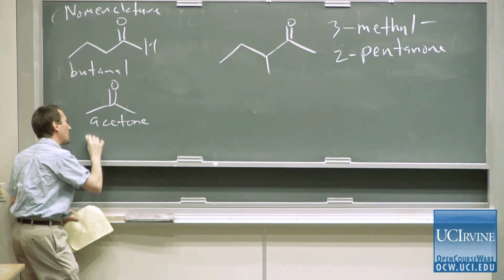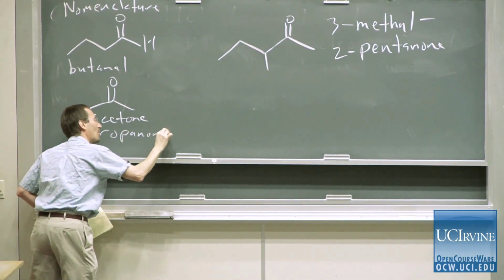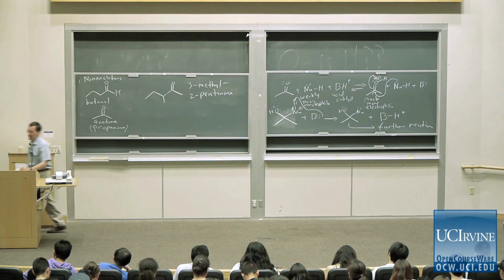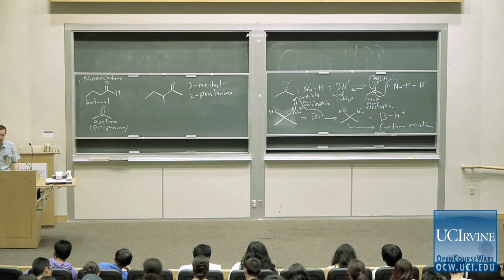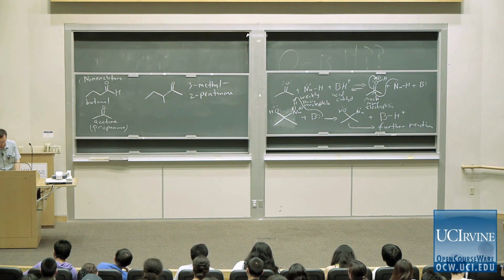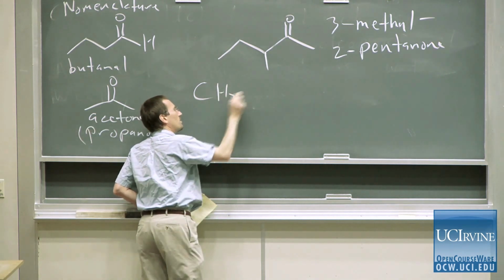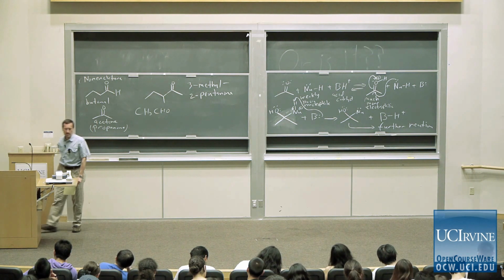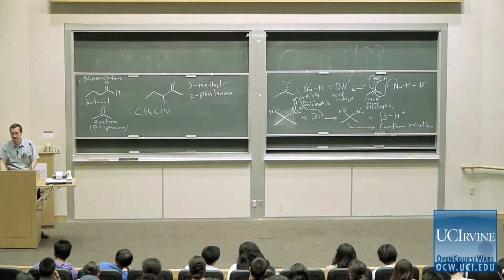I'd be very hard-pressed to say propanone for it, just because its common name, its nickname, is so ubiquitous. If I did say propanone, because the only position the carbonyl could be at is the center position, I wouldn't even have to put a number on it. In general, small compounds that have some history to them have trivial names, common names that usually become the ones that roll off people's tongues.